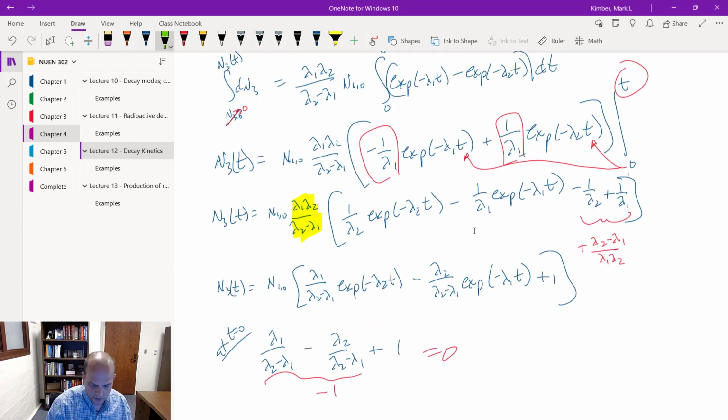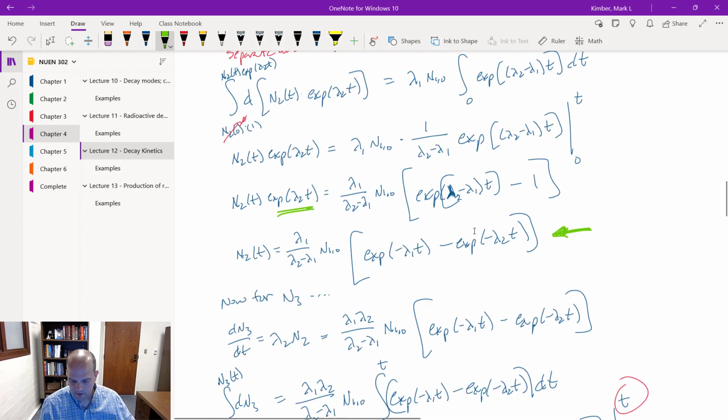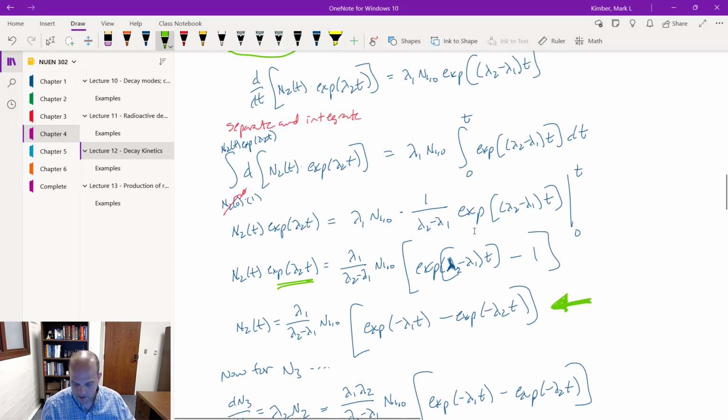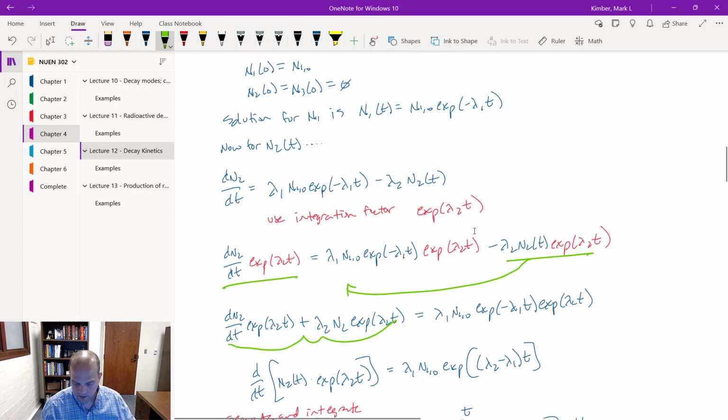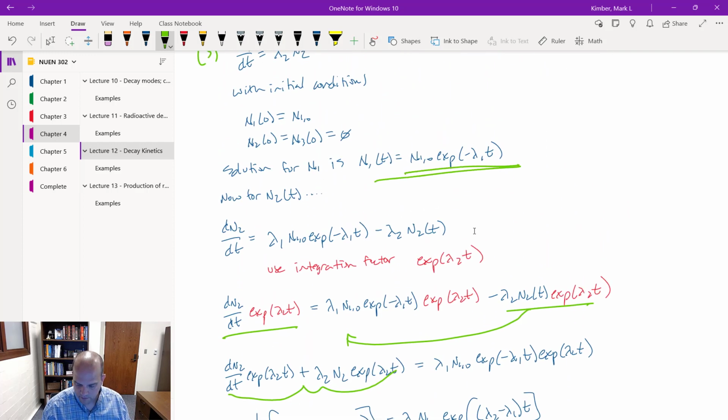So then here are the three expressions. I've got an expression for N3, an expression for N2, and then my expression for N1 is right here. And if I need to find the activity, I can just multiply each of these by their respective lambda values.